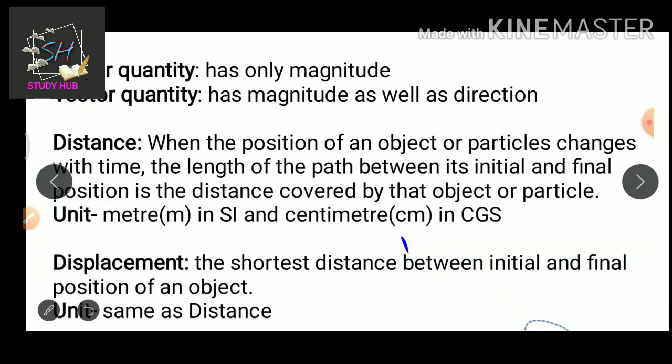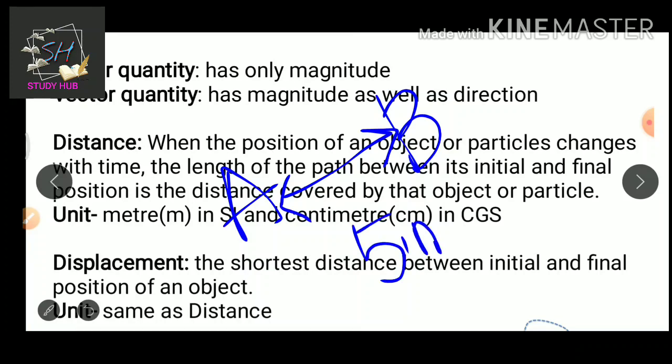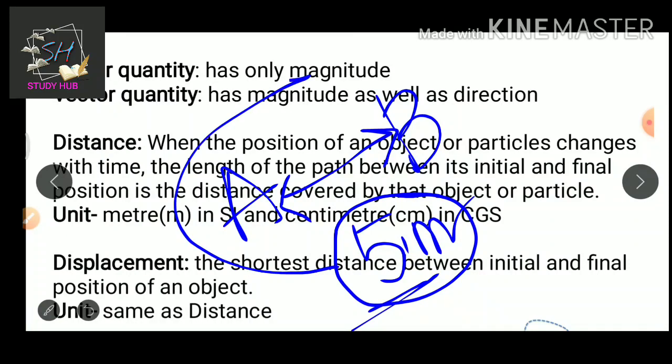Suppose there is a point A and there is a point B, and the distance between A and B is 5 meter. So this 5 is the distance, and this 5 is also a numerical value. So that means magnitude is 5 meter. So magnitude means numerical value.